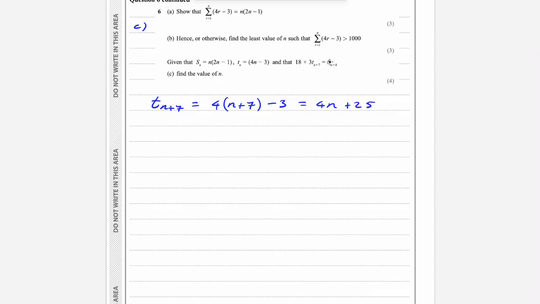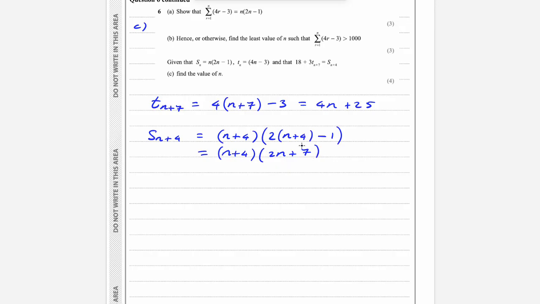And then S of n plus 4 is equal to n plus 4 brackets 2 times n plus 4 minus 1. So I've just, again, subbed n plus 4 instead of n. This becomes n plus 4 times 2n plus 8 minus 1, which is 2n plus 7.